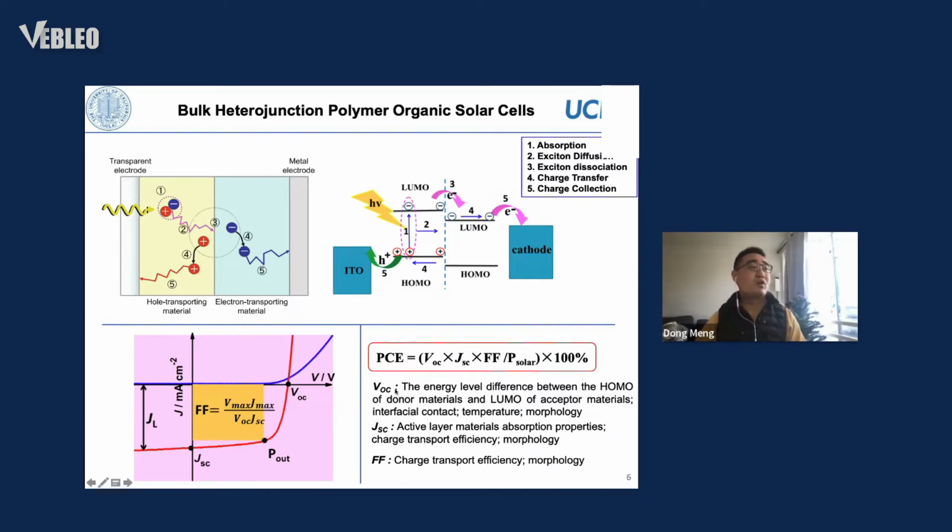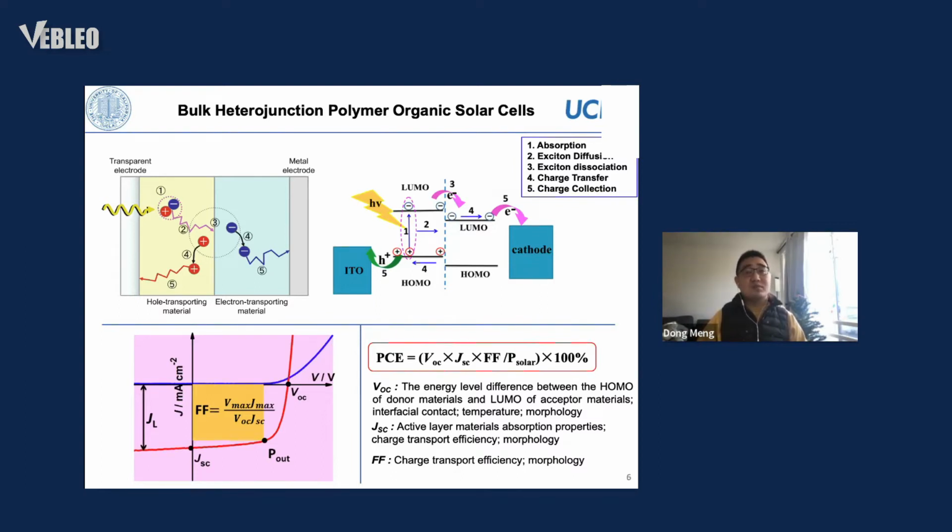For the VOC, from the materials design side, it is determined by the energy level offset between the donor's HOMO and the acceptor's LUMO, and we want to make the VOC loss as small as possible. Lastly, there is the interfacial contact between the active layer and the electrodes, and it is also affected by the temperature and the film morphologies.